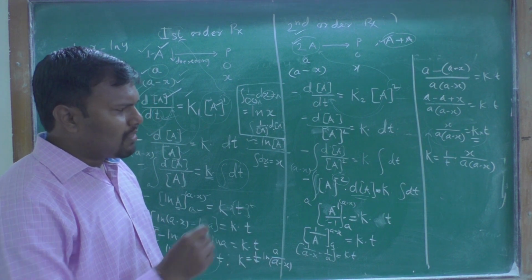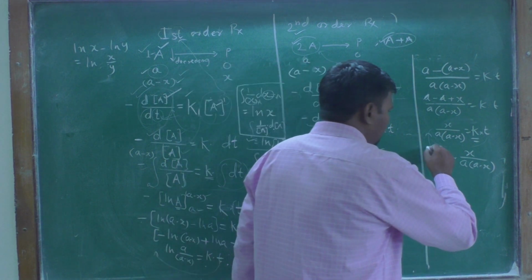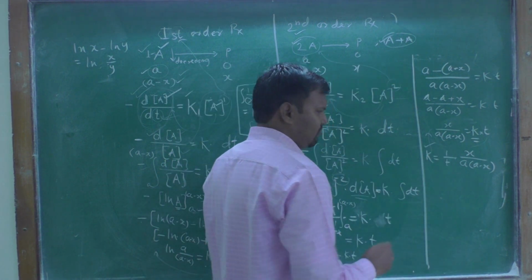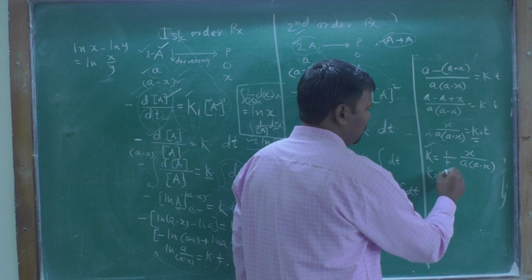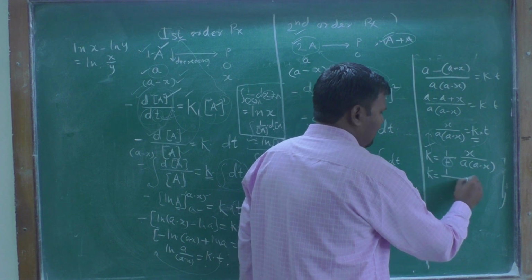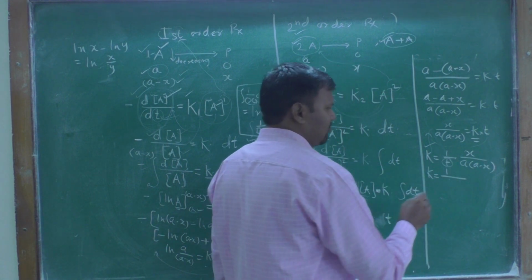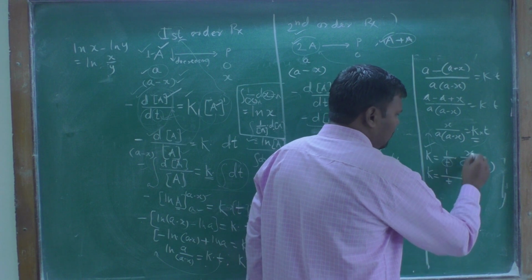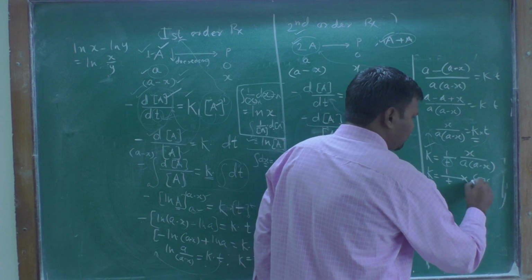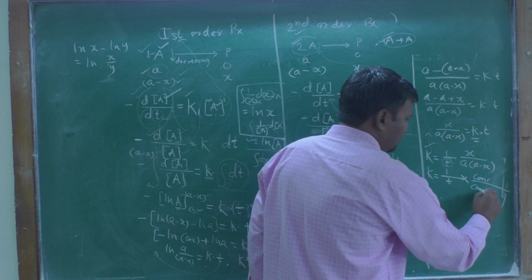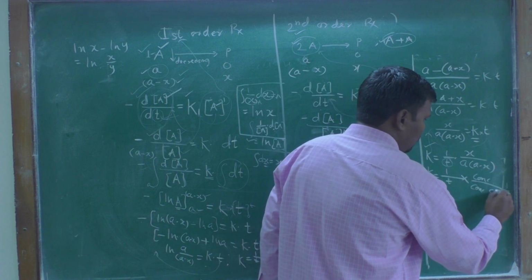Then the unit of k for the second order reaction: k is equal to 1 upon t, unit of time, into x, which is concentration, upon a, which is concentration, and a minus x is also concentration.